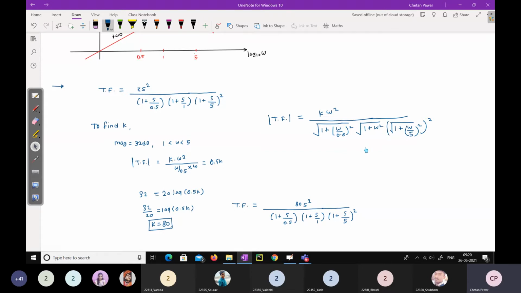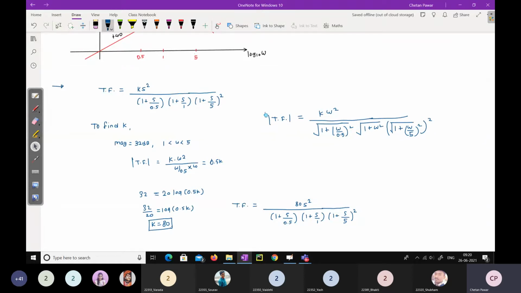So this is also 0.5. Now we got this magnitude formula.